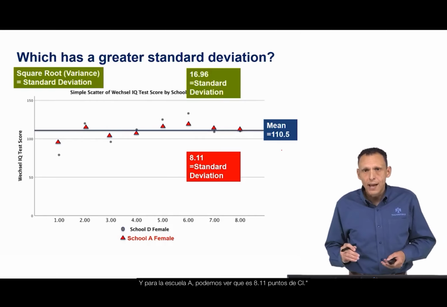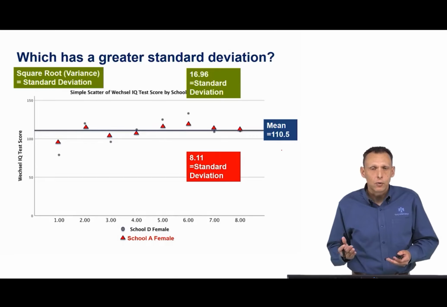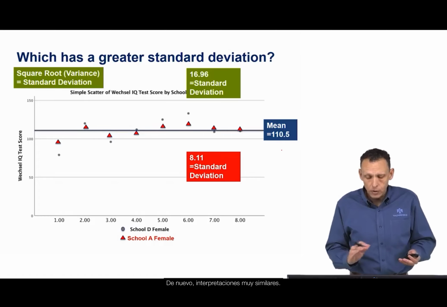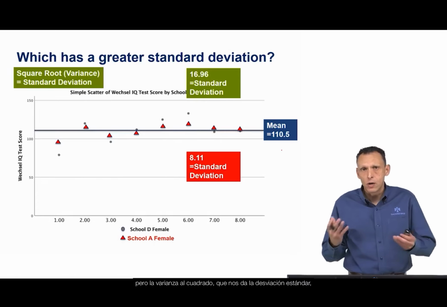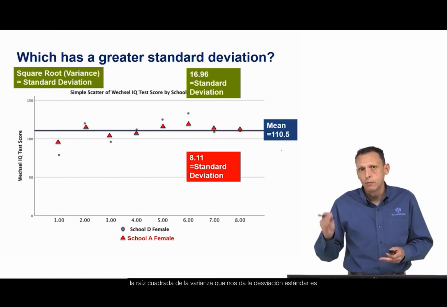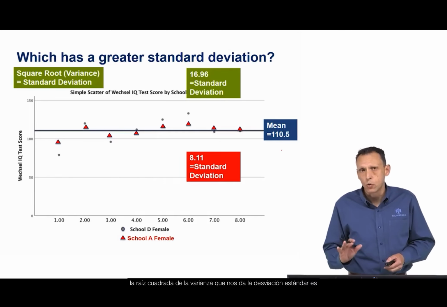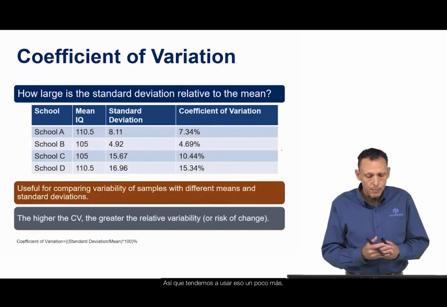And for school A, we can see it's 8.11 points of IQ. So again, very similar interpretations. We can clearly see that there's less variation in school A, but the square root of the variance, giving us the standard deviation, is much more interpretable back to the original measure. So we tend to use that a bit more.